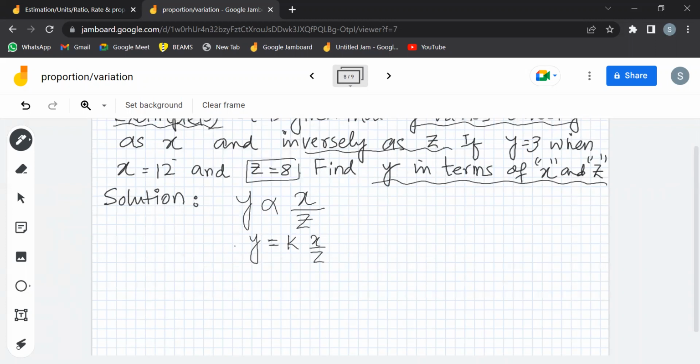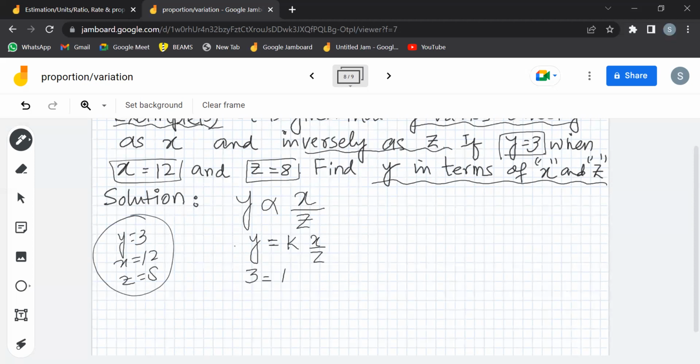This is the information given: when y is equal to 3, x is equal to 12, z is equal to 8. This information can be used here. So 3 is the value of y, k is unknown and is the constant, x is 12, and z is 8. You can cross multiply first. 24 is equal to 12k, and k is equal to 24 over 12.